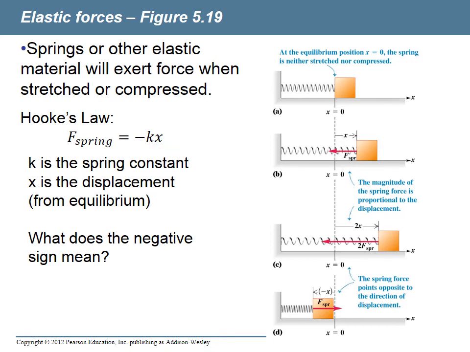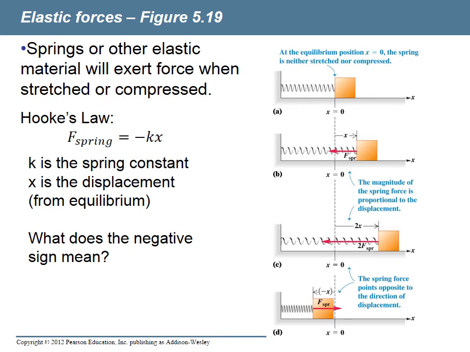So where k is a spring constant and x is some displacement from equilibrium. So what does that negative sign mean, really? The force the spring exerts on the object is equal to negative some spring constant, which is just a measured quantity you have for every spring, times the displacement from equilibrium.